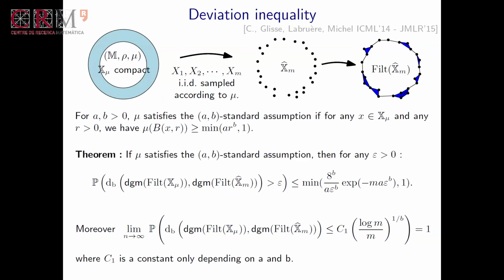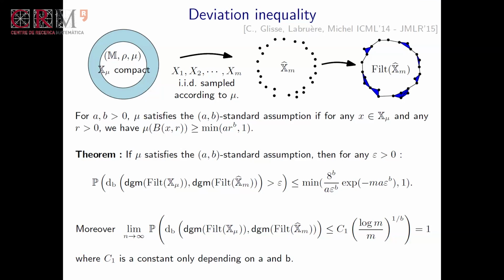You look at what is called the covering number of the support of mu, so you look at the smallest number of balls of radius epsilon you need to cover the support of mu. And as you have an (a,b)-standard measure, you can upper bound this number of balls explicitly.